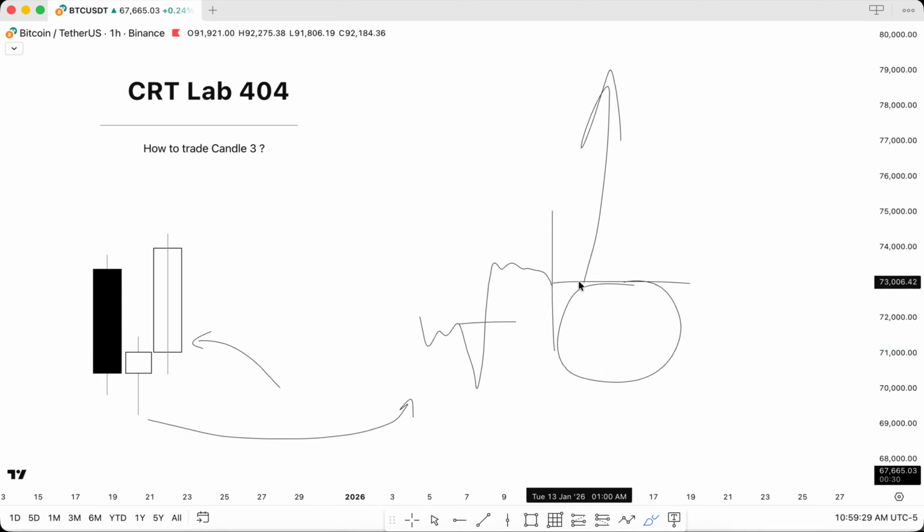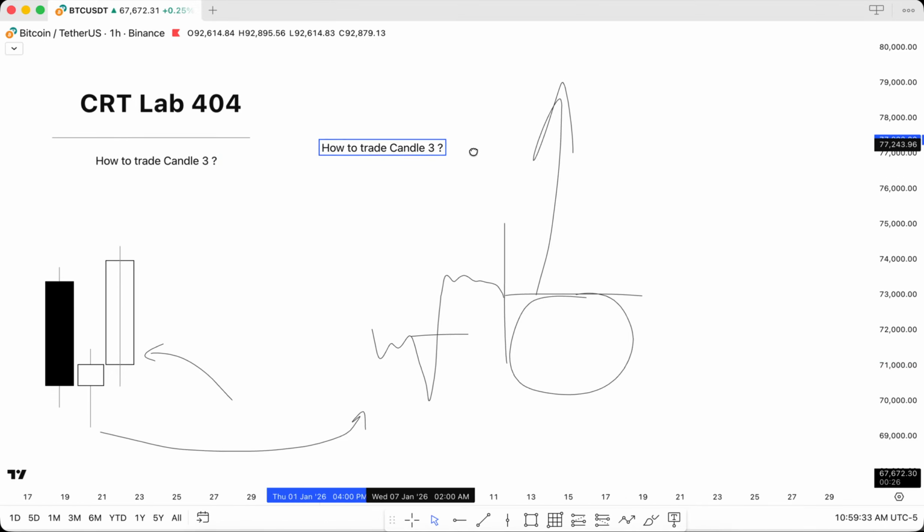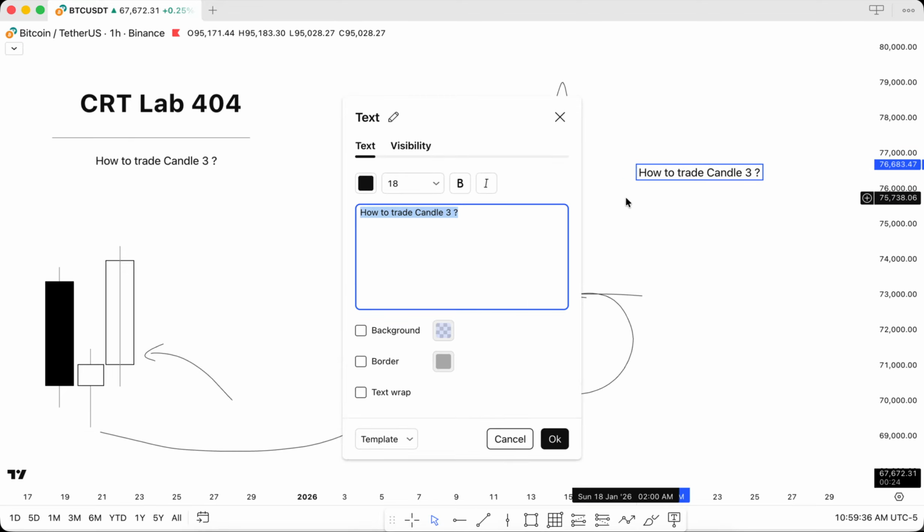Now, how to get a better entry is by adding confluences, like I said. First, let's make it like that. High probability setup, in this case a bullish example for candle 3. Let me make it more like this. Okay, better.